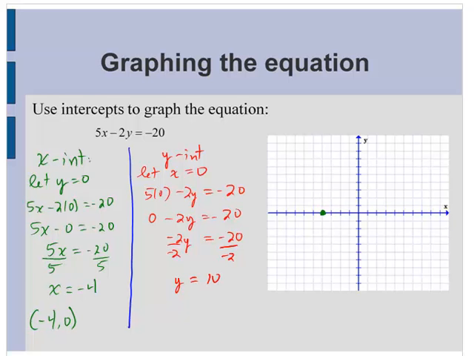So writing the ordered pair x, y, we would have 0, 10. Plotting that point, there are 2 points on the line, and really that's enough to draw the line. And I'll try and do a better job than that. So there's the line, 5x minus 2y is -20.